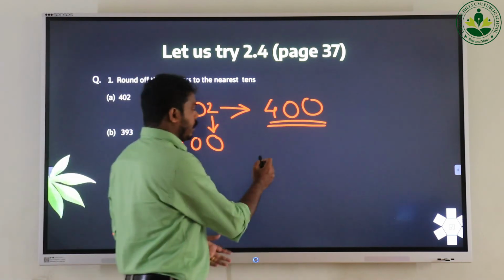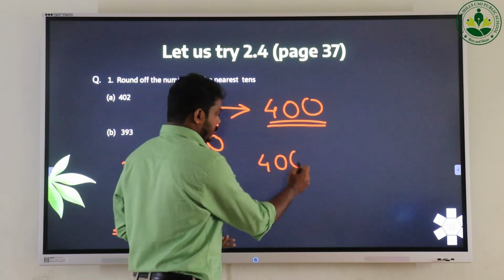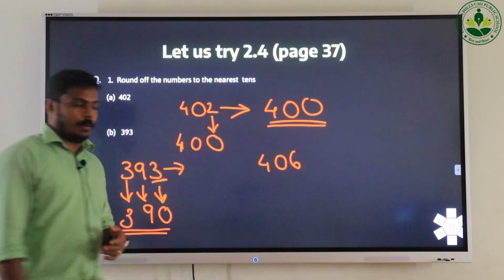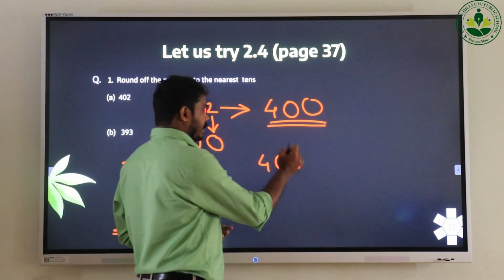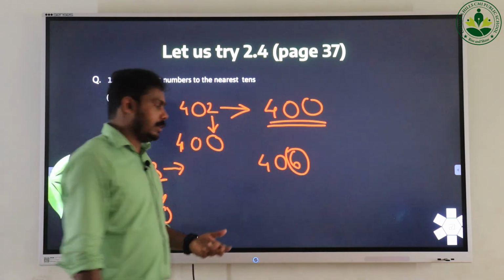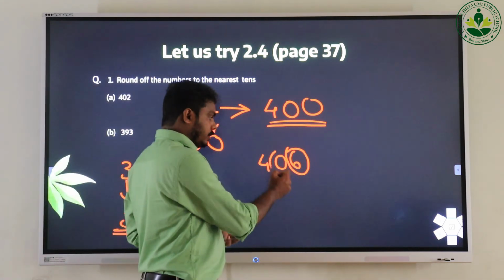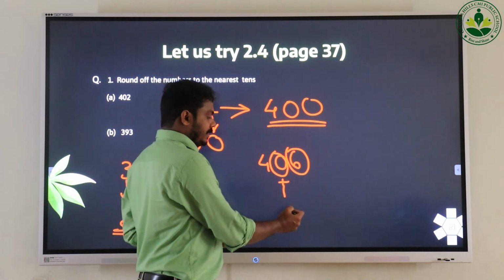One more example we can do. Write the nearest 10 of 406. We need to round off 406 to the nearest 10. Here the ones place digit is 6. It is more than 5. So add 1 to the digit in the tens place. 0 plus 1, that is 1.